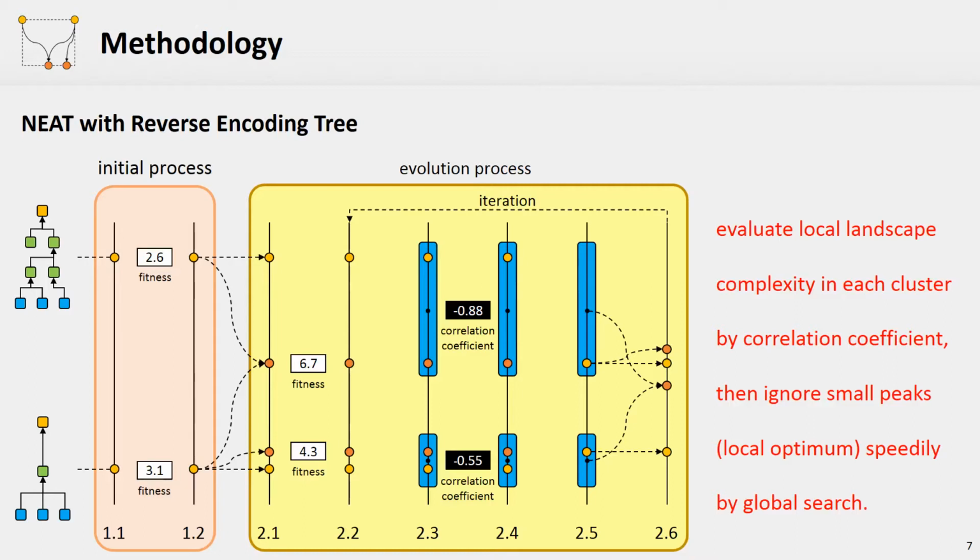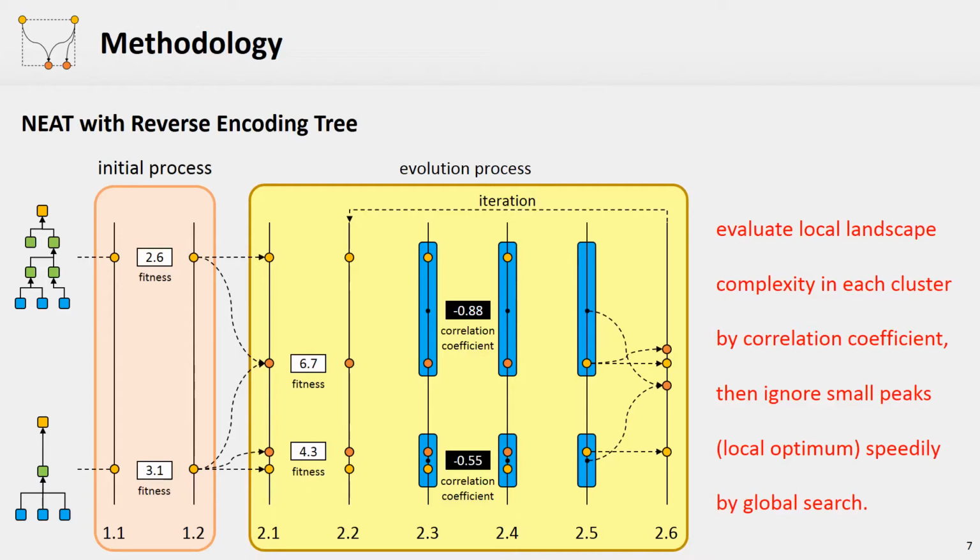In the initial process, initial individuals are generated in the global landscape uniformly. These individuals will have their fitness calculated after generation. In the evolution process, the whole population is divided into several clusters. The number of clusters is the number of saved individuals.